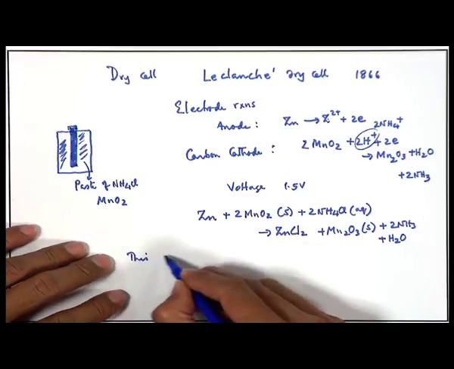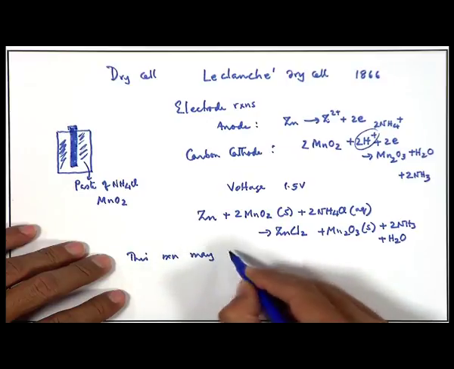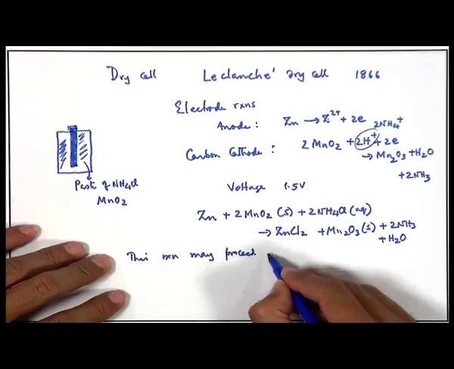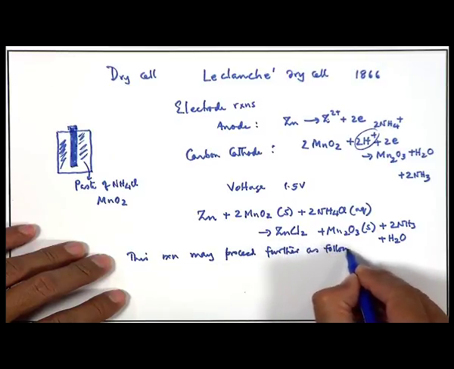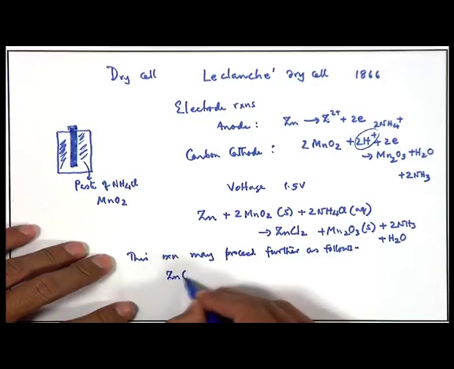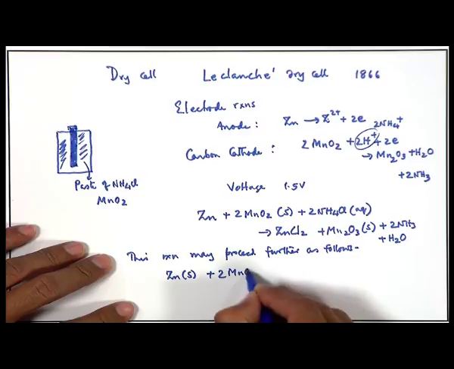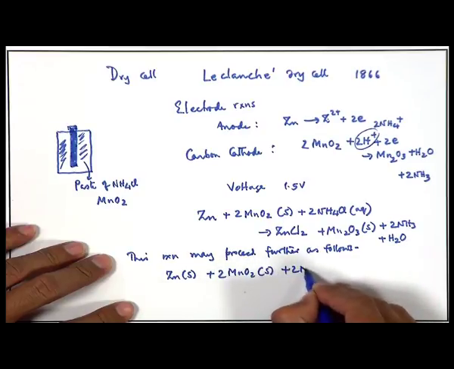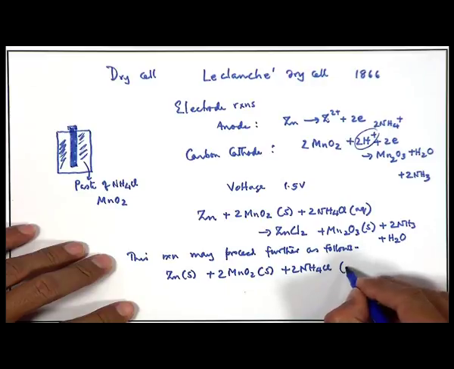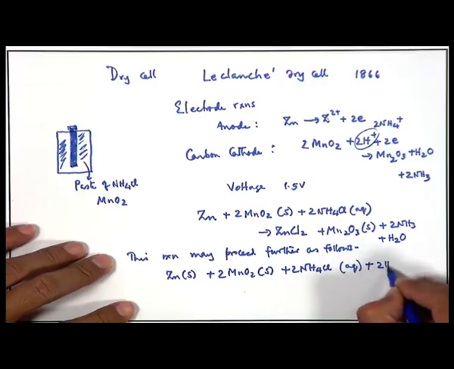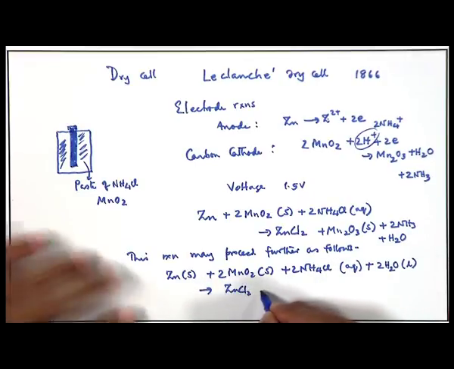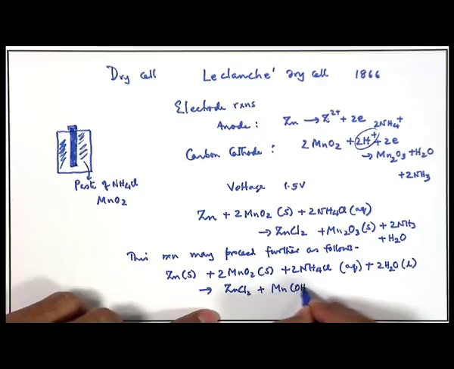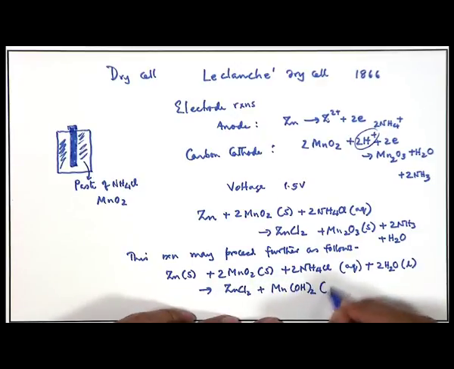This reaction may proceed further as follows: zinc solid plus 2 MnO2 solid plus 2 NH4Cl aqueous plus 2 H2O liquid, that gets you zinc chloride plus Mn(OH)2 solid plus 2 NH3 gas.